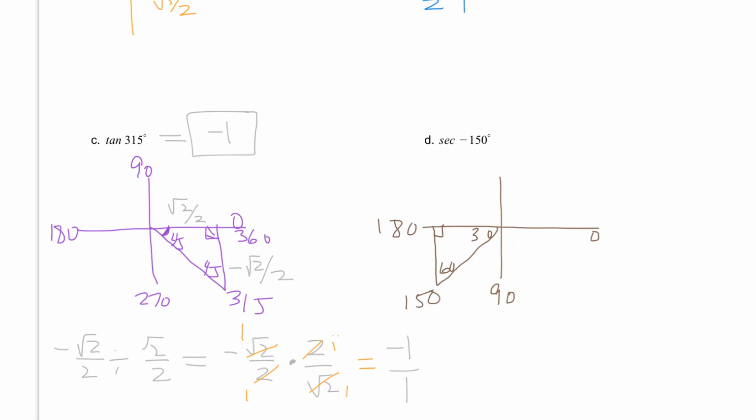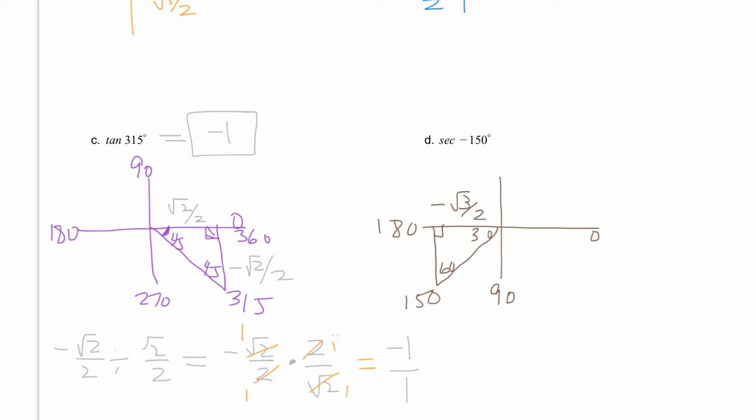If I'm trying to find the secant, I'm looking for the reciprocal of the cosine, which is x. So I need this length right here. This is across from a 60-degree angle, so this length is going to be negative square root of 3 over 2. What I want is the reciprocal of that because I want the secant.